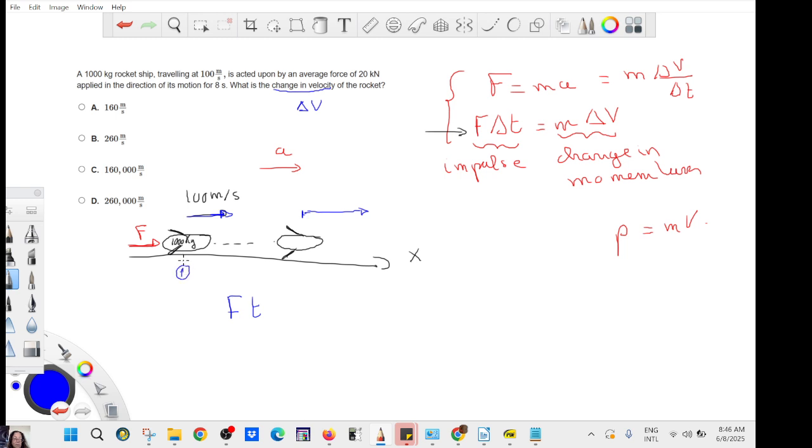Here you start your stopwatch, and the time elapsed is 8 seconds. So it's very simple: F t equals m delta V. The force here is 20,000 times the time, 8, equals 1,000 delta V. Okay, so you can cross this out, and delta V will be 160 meters per second.